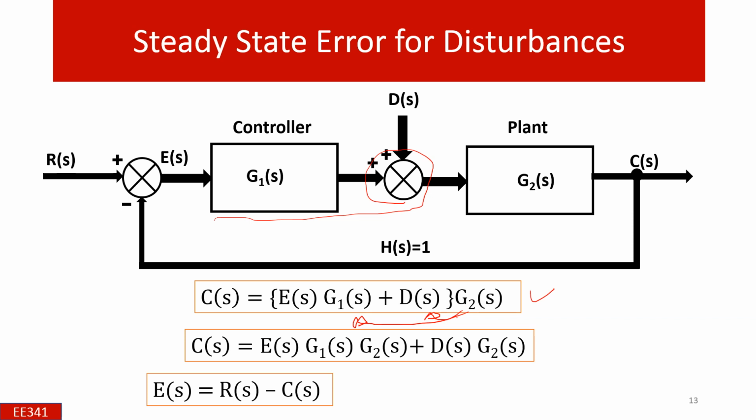The error signal for a unity feedback system is simply the difference between the input value and the output value C(s).